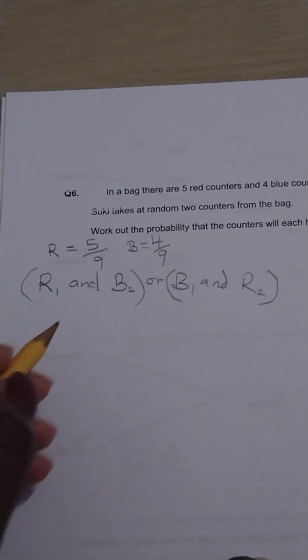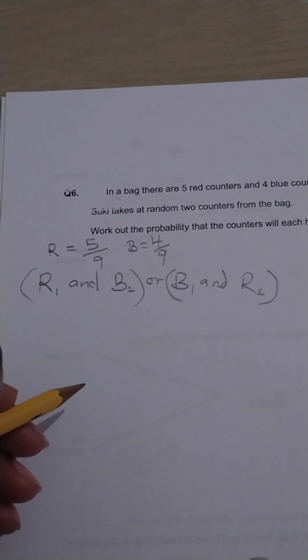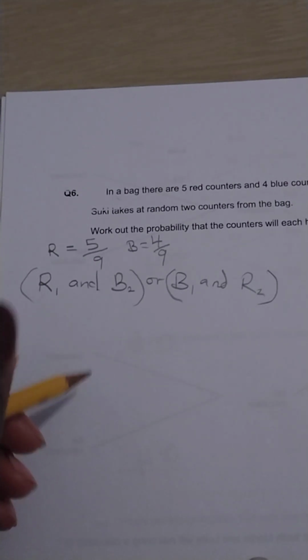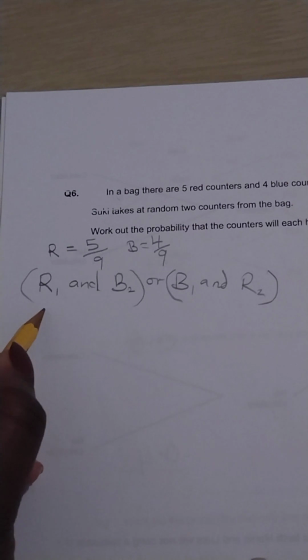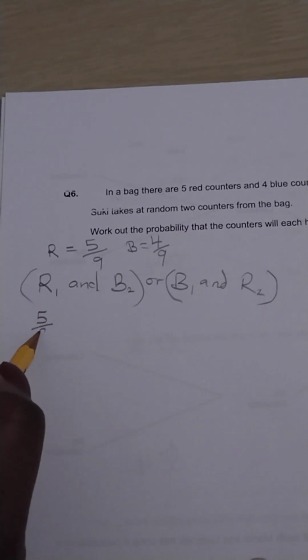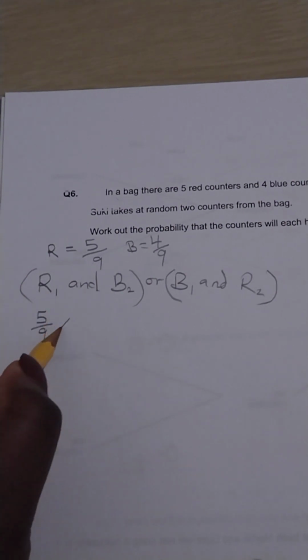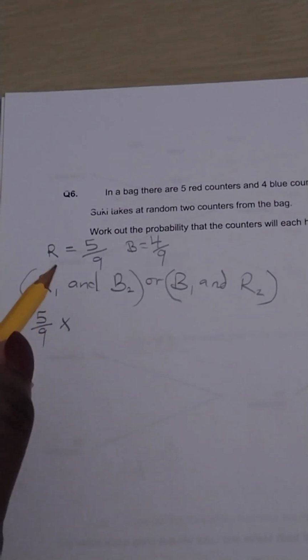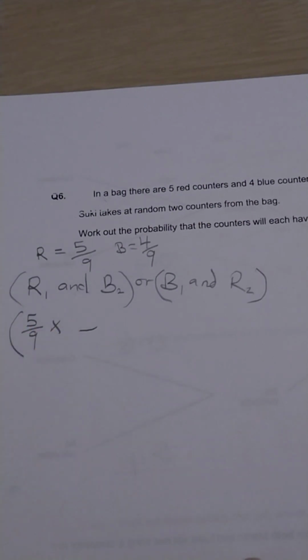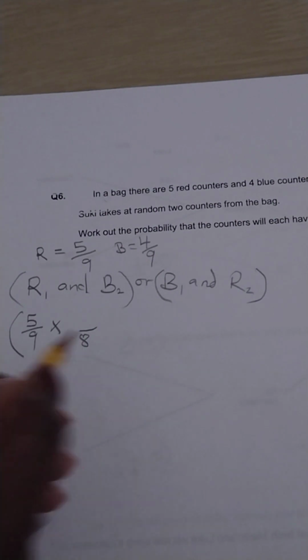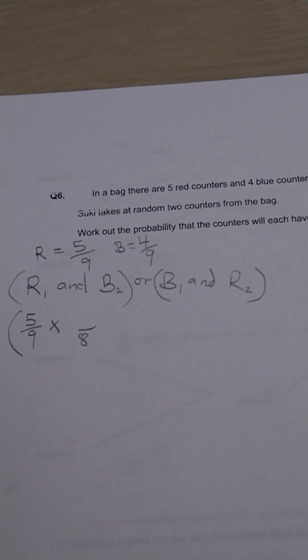So now the probability of her picking a red first, 5 out of 9, right? And means times. Now by the time she picks 1 red out of the bag, so a red counter is gone, we will be left with 8 counters in the bag.